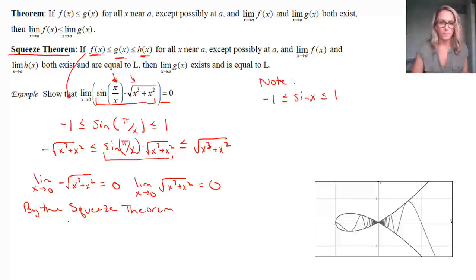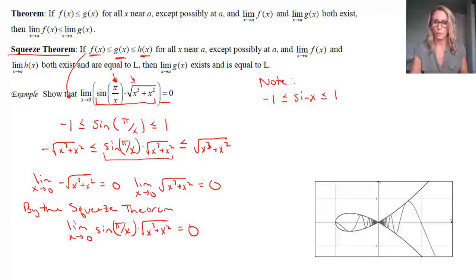So by the squeeze theorem, the limit as x goes to 0 of sine of pi over x times the square root of x cubed plus x squared is going to be 0. And what I can show you is the line that is all squiggly, that is actually our sine of pi over x times the square root of x cubed plus x squared.